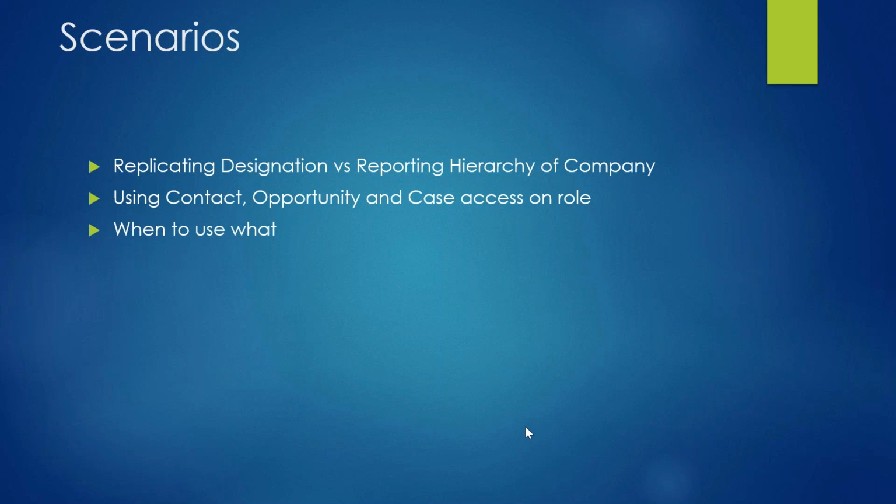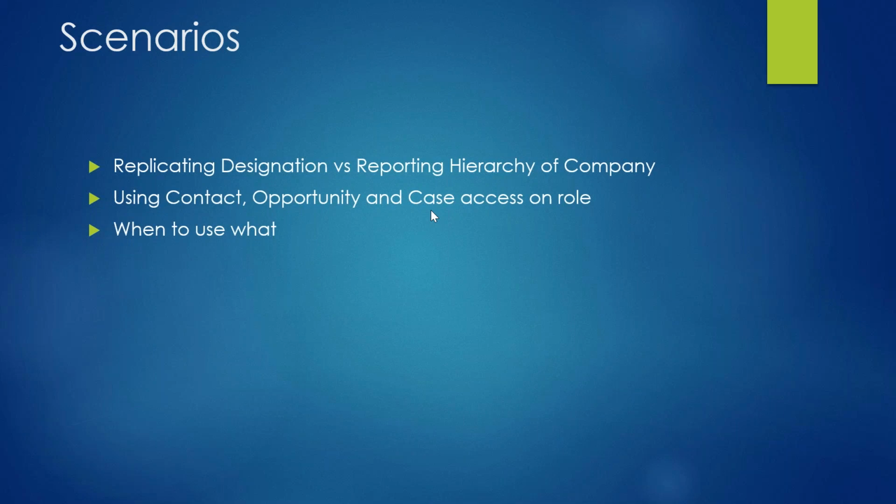Any specific scenarios you have with contact, opportunity, and case access on roles? Because sometimes people do not use it, and sometimes they use it very smartly. What we use is a business operations organization which deals with the cases, which are mostly about customer inquiries, their orders, their purchases, their POs, everything.